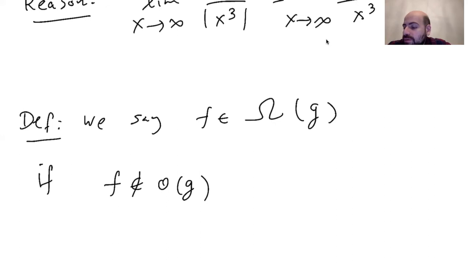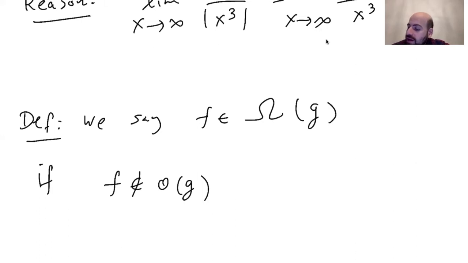And another possibility is that the limit of the absolute value of f over the absolute value of g does not exist. And in that case, still, I can say that the lim sup of f over g is positive.